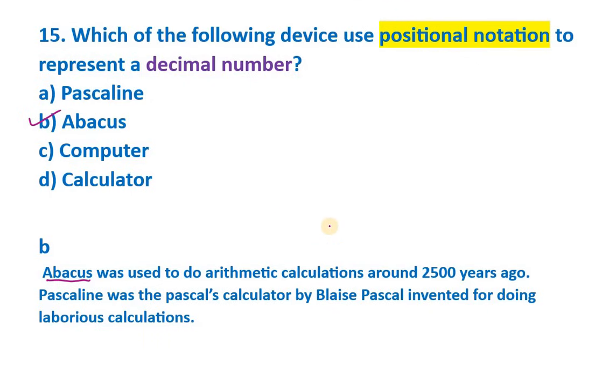Just remember that I have highlighted positional notation for decimal, so that when you see these things you can write the correct answer. Abacus. What is abacus? It is an old method, some 2500 years ago, to perform arithmetic calculations with decimal numbers. That is abacus. Just remember that.